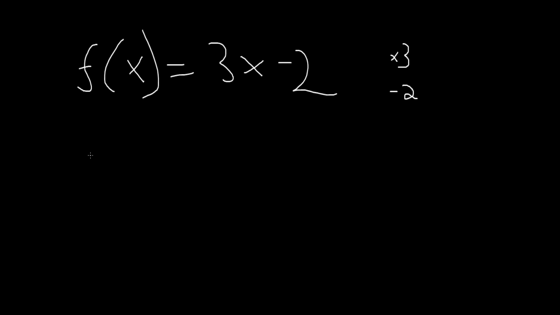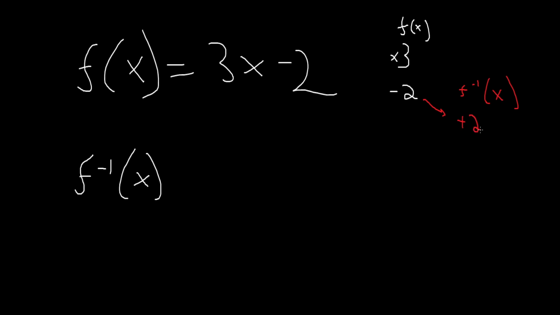The inverse function needs to do the opposite in the opposite order. So if this is f of x, then f inverse of x needs to basically be that but double reversed. Instead of minus 2, we're going to do plus 2, and instead of times 3, we're going to divide by 3. But we need to do them in that order.